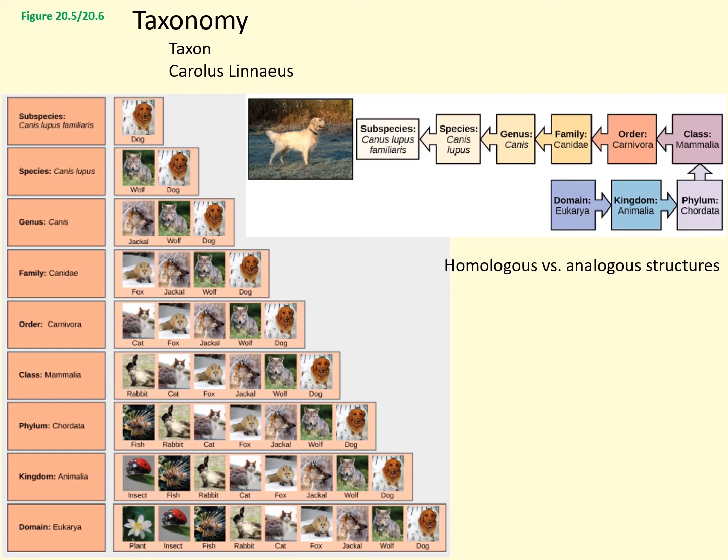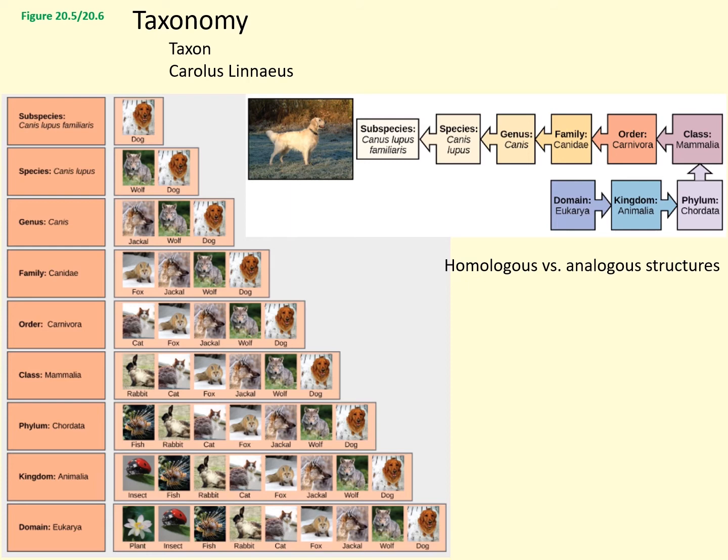But now if we go with mammals, what makes a mammal a mammal? That's right, mammary glands. So what we're looking at are who has homologous structures. Everybody in here, as they're being grouped together, they're going to have homologous structures that are of the same embryonic origin. So if we take a look at a bat's wing and a bird's wing, those are homologous, but an insect wing would be an analogous structure.